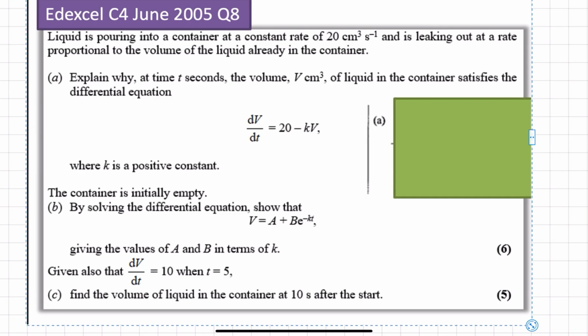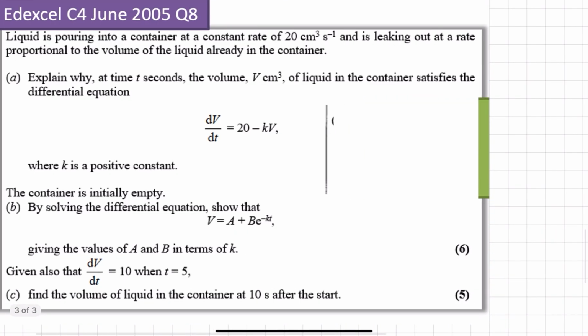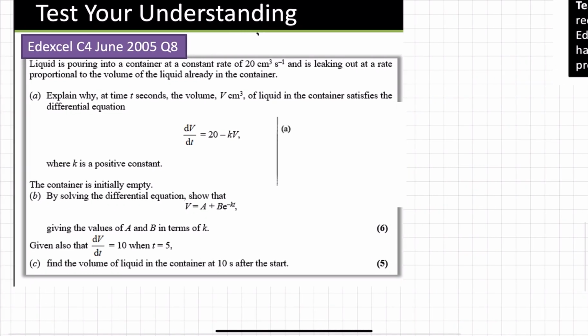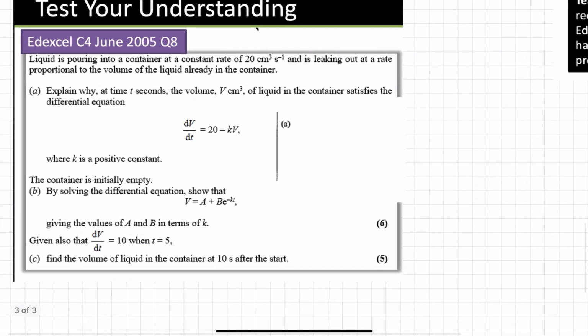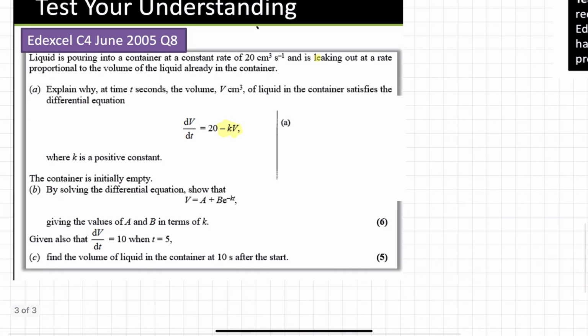So this minus kV part is leaking out at a rate proportional to the volume there. So we're just writing a sentence explaining that. Okay, great. That'd be 2 marks there.